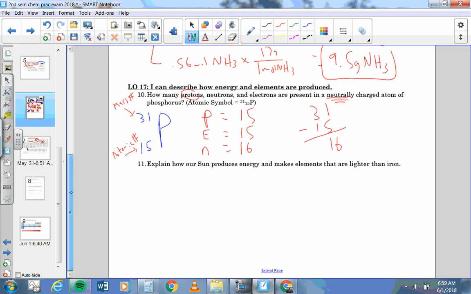Next one. How does our sun produce energy and make elements? It's the same process. It's the fusion of simple things. The simplest thing is hydrogen into helium releases energy.